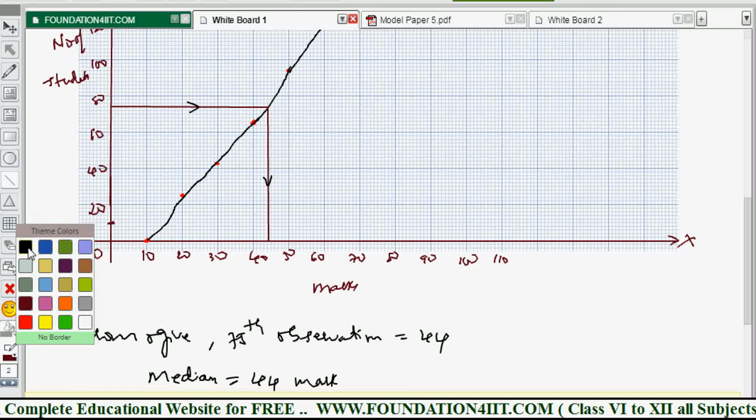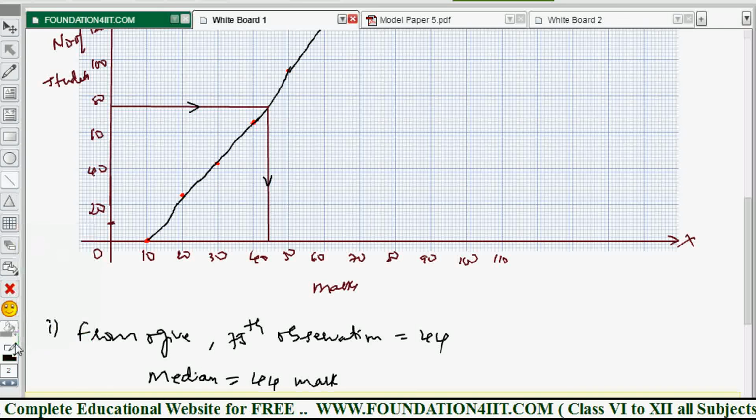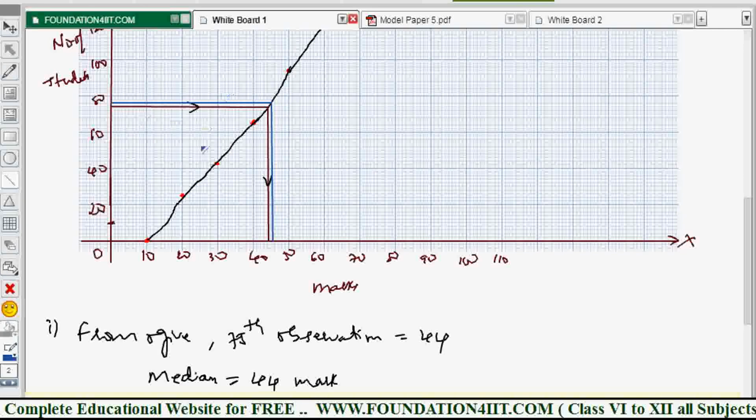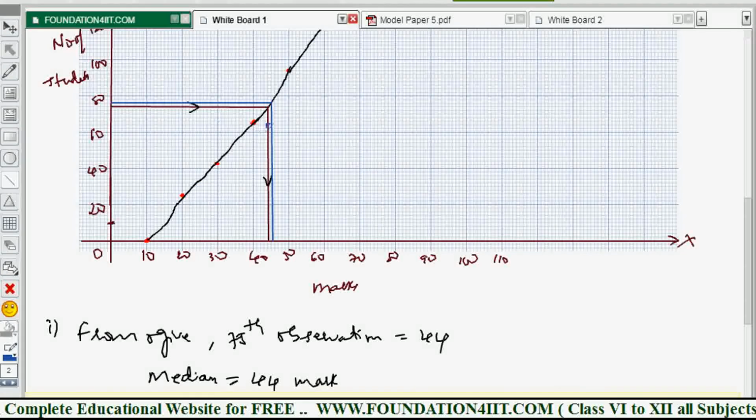Take 45, between 40 and 50. From there, take this straight line to where it joins the y-axis. It's around 78.